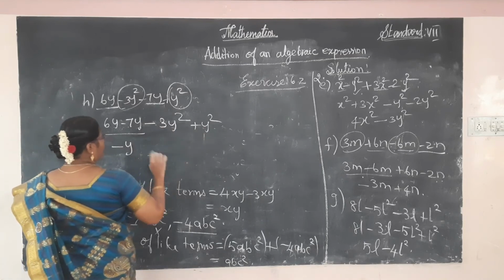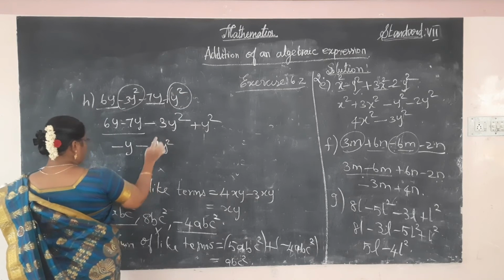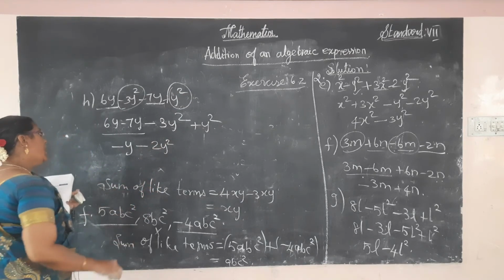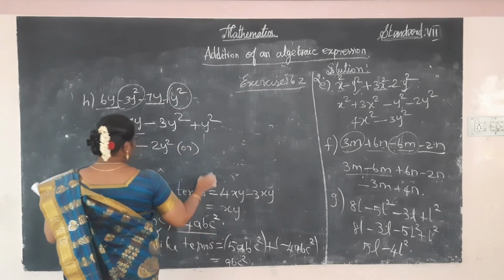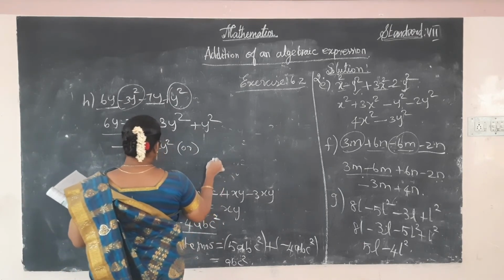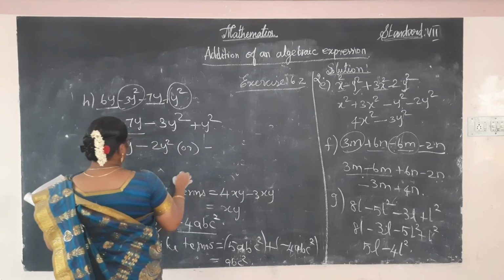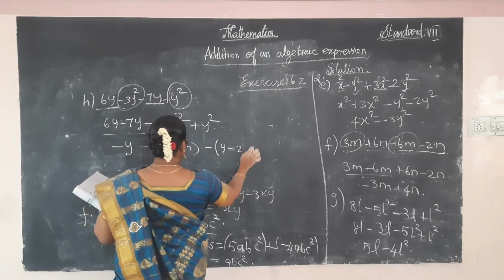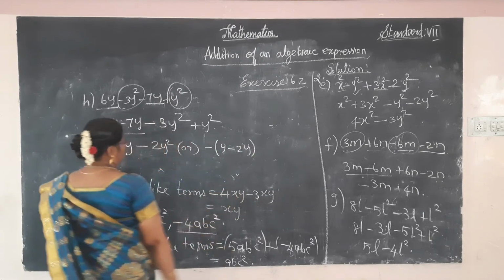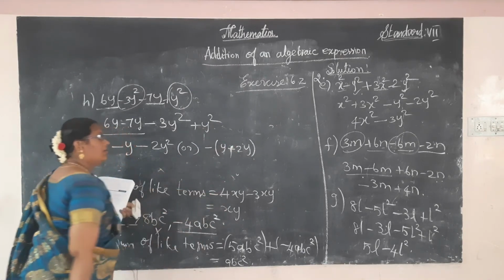Here also different signs, subtract, 2y squared. The greater number sign is negative. So the answer is minus y minus 2y squared, or you can write it by taking y common outside: y times minus 1 minus 2y.